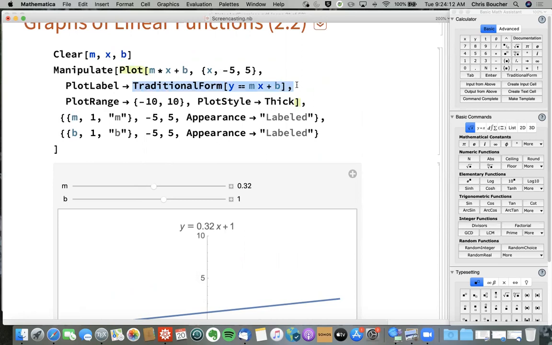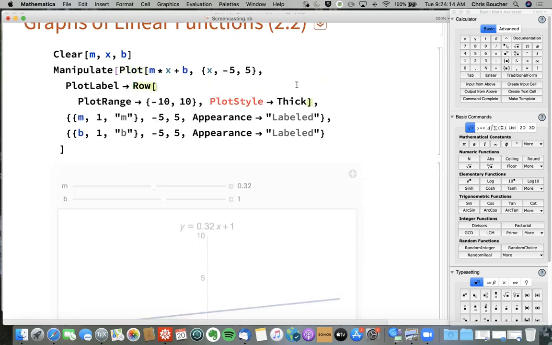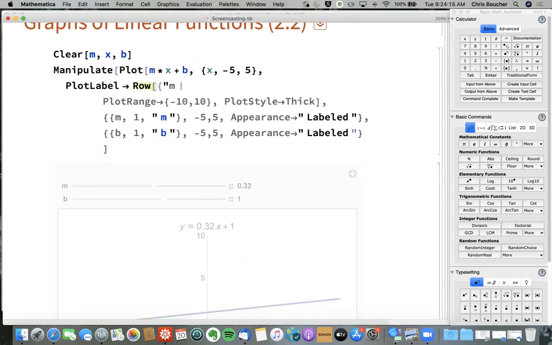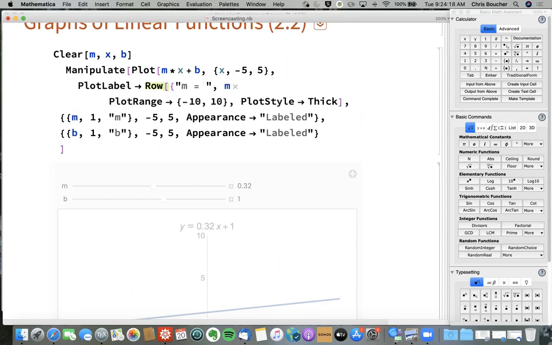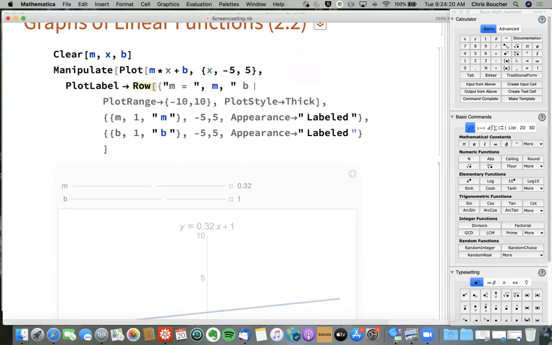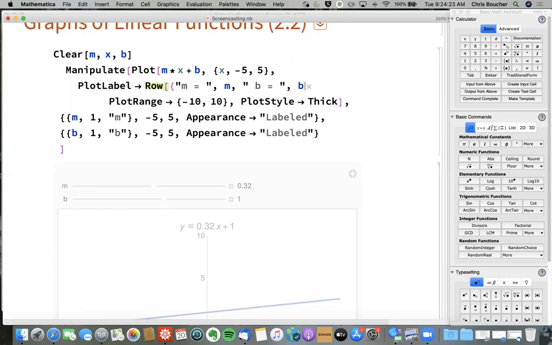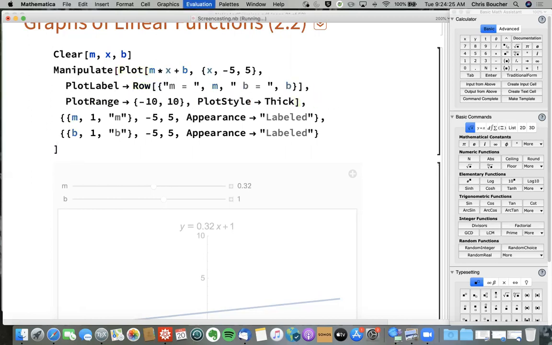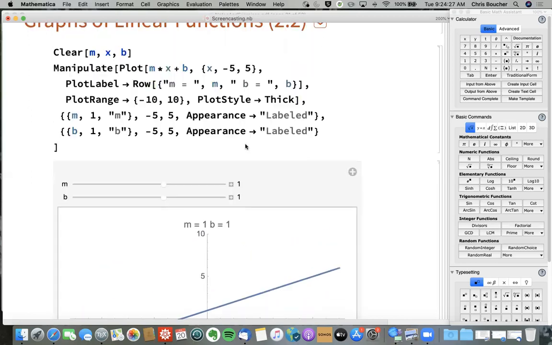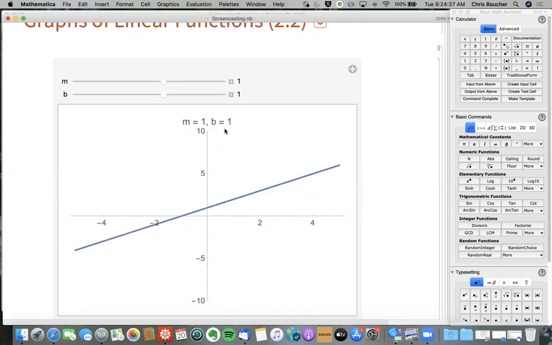Well, let's try this. Okay, so sorry about the diversion into mathematics code. I don't need to see that anymore.